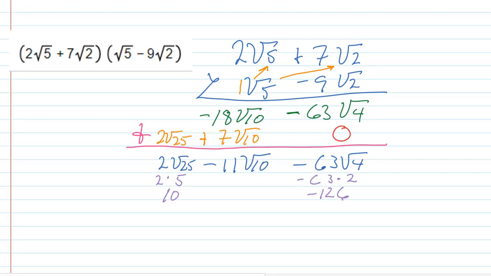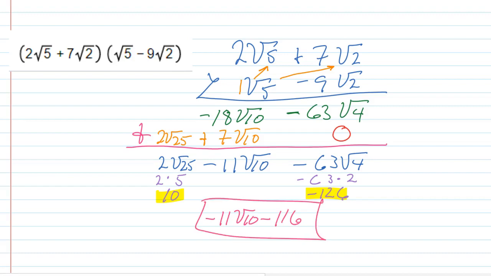Negative 63 square root of 4 simplifies to negative 126, and then 2 square root of 25 simplifies to positive 10. They are like terms, so you need to combine those, which gives us a final answer of negative 11 square root of 10 minus 116.